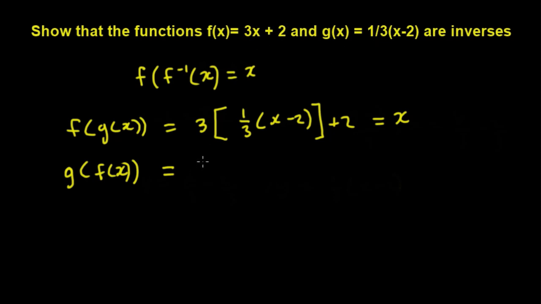So that's going to be 1 upon 3. Now x is going to be replaced with 3x plus 2. And we've got our original minus 2 here. So that's going to equal, the 2 cancels with the 2, the 3 cancels with the 3, and we're left with a value of x. So these functions, f of x and g of x, are inverses.